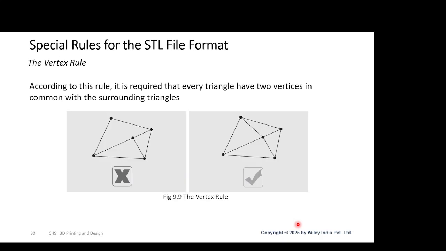There are three main rules used in the STL file format. First is the vertex rule. According to this rule, every triangle must have two vertices in common with the surrounding triangle. So here, this was not being followed, and therefore we connected these two vertices.